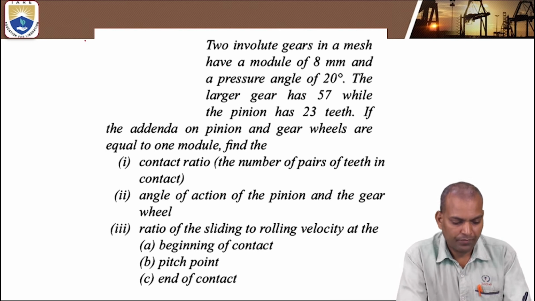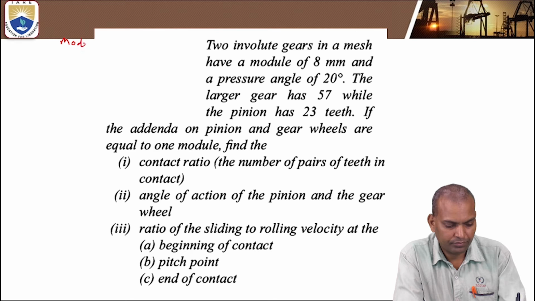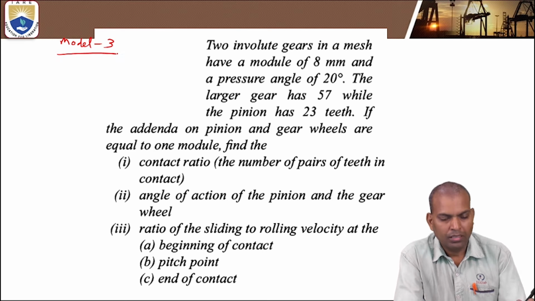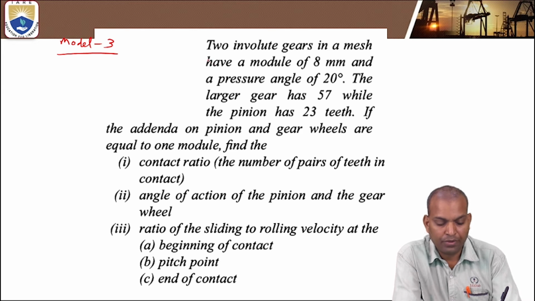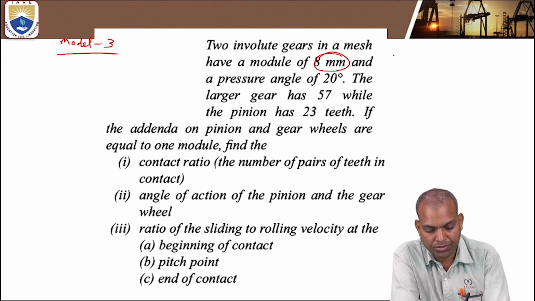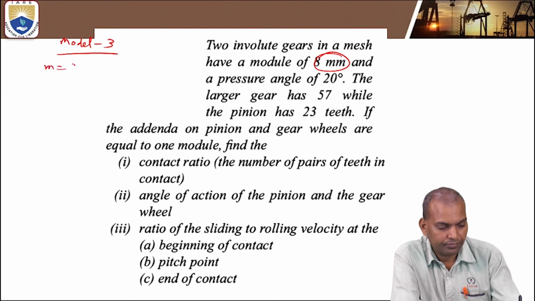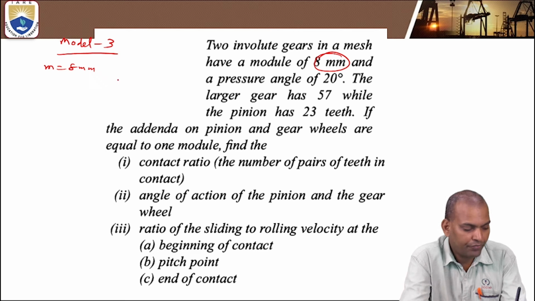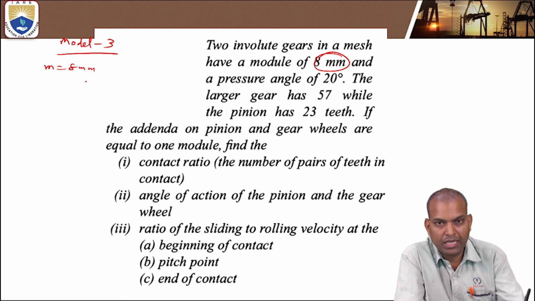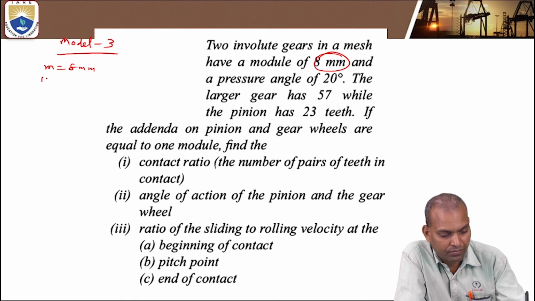This is model number 3. Two involute gears in mesh have a module of 8 millimeters and a pressure angle of 20 degrees.